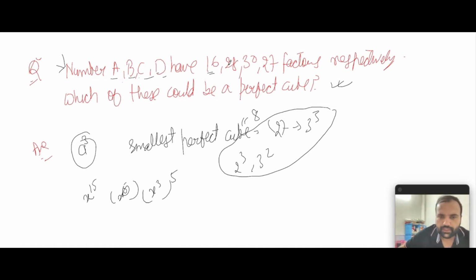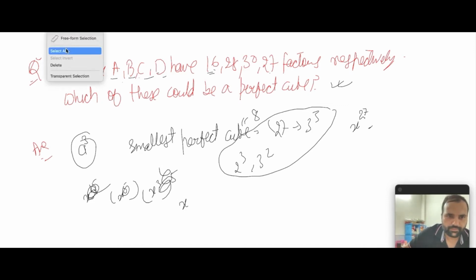Similarly, for 28, it has to be x to the power 27. Yeah, it says 27, I'm sorry, I'm taking 27 now. Okay, so I've taken 16, so it's x to the power 15, actually x to the power 16. Let's do it again, hang on.